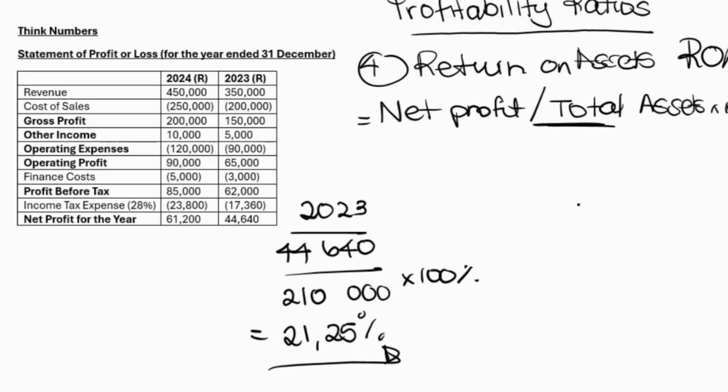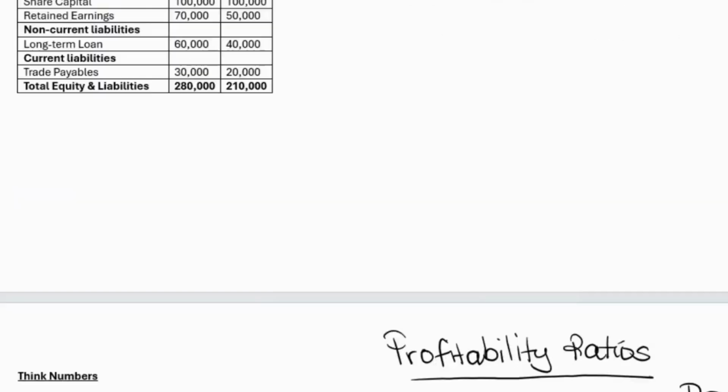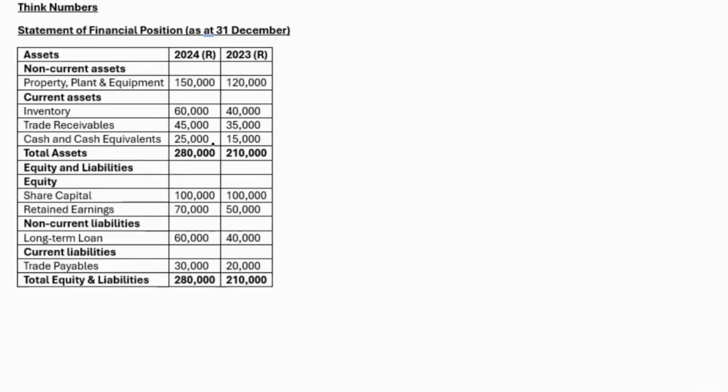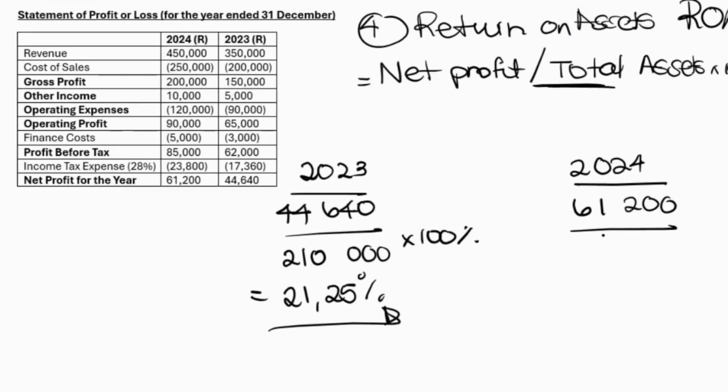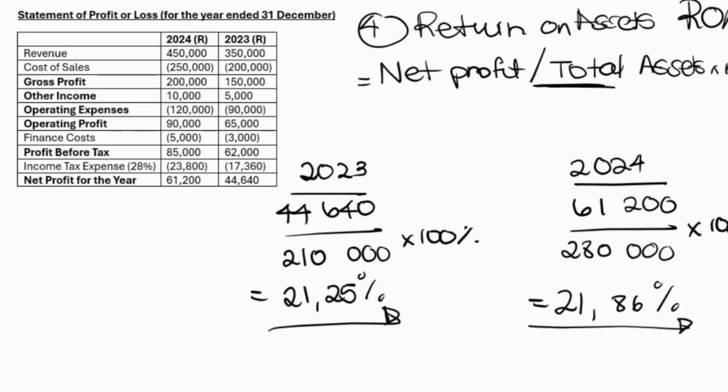Then you'll see that our ROA in 2023 was 21.25%. We do the same for 2024, where we'll take our net profit at 61,200, divide that by my total assets. And in 2024, our total assets amounted to 280,000. So we'll divide that by 280,000, multiply that by 100%, and then we'll find that our ROA for 2024 was 21.86%, which is a slight increase from the 2023 figure, but a slight increase is still an increase.